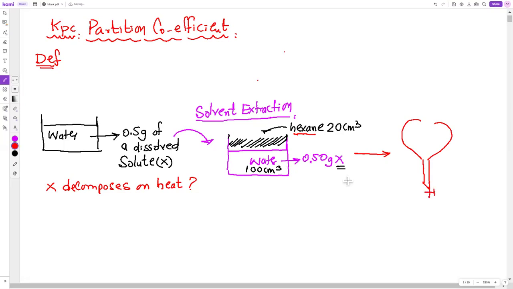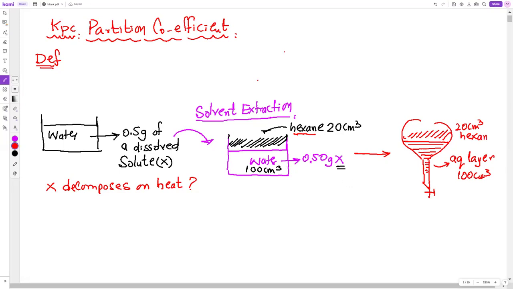We will place the entire mixture here. This is the aqueous layer, the lower layer, because water is present in it, and its volume is given as 100 cm cube. The other layer we added is hexane, that is 20 cm cube hexane.